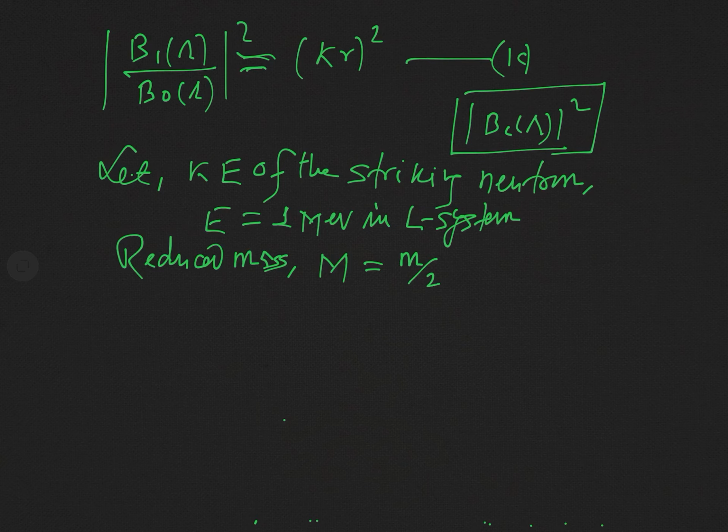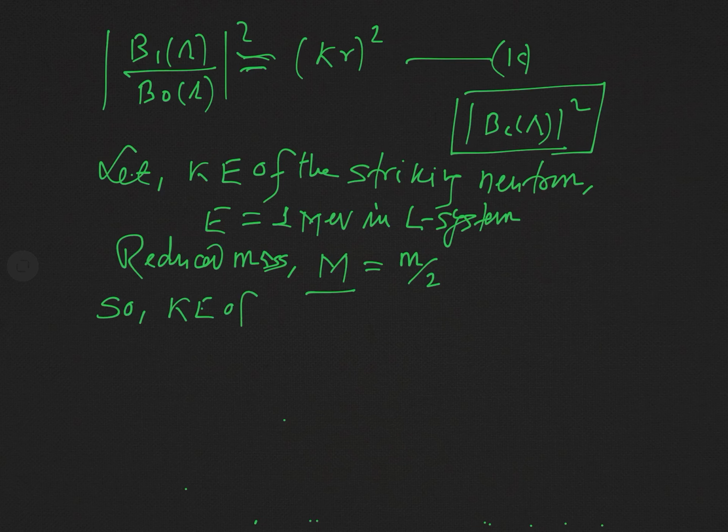And so if we consider the kinetic energy of the neutron in the center of mass system, then we will have to replace the mass of the neutron by this reduced mass, and since the reduced mass is just half of the mass of the neutron, the kinetic energy of the neutron in the CM system will be just half of this value.